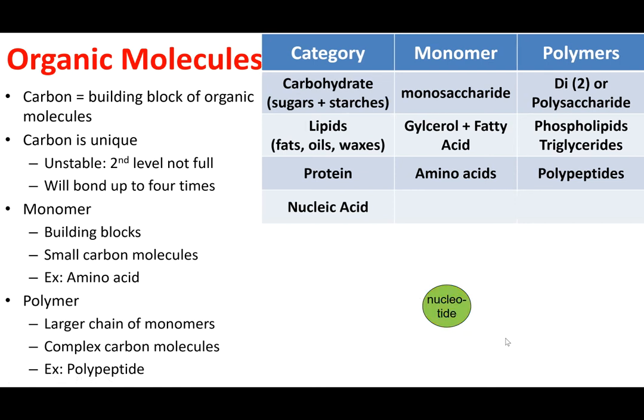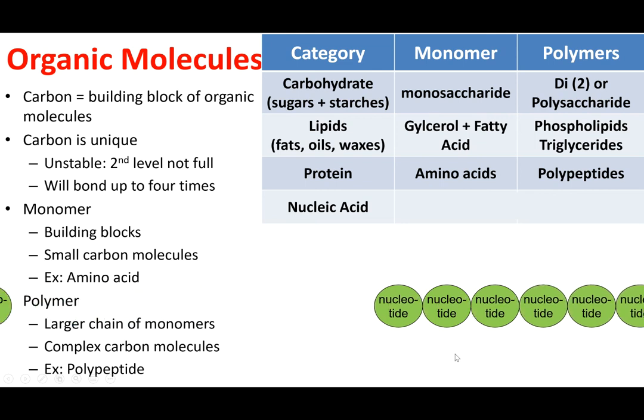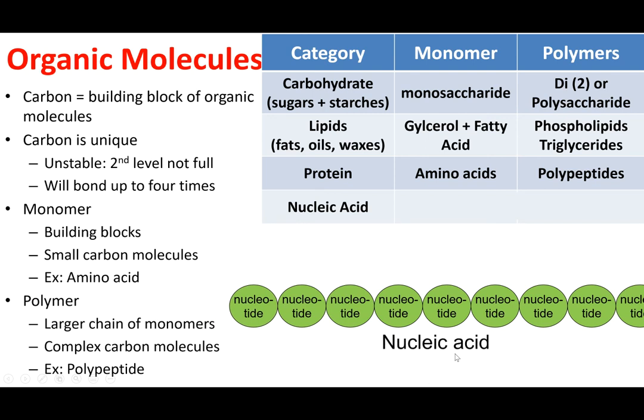And then the last one that we're going to introduce right now are nucleic acids. Nucleic acids are DNA and RNA. The monomers are nucleotides. Put nucleotides together, and you get a nucleic acid, like DNA or RNA.